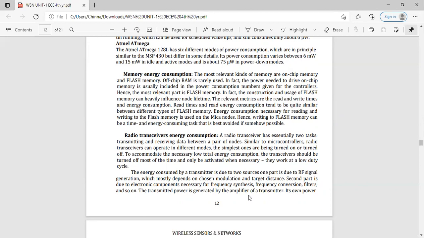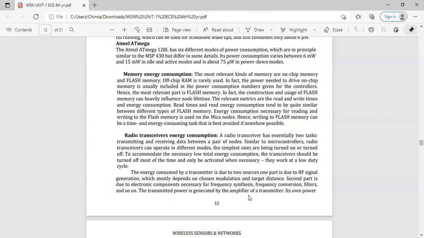The most relevant is flash memory. In this construction, the usage of flash memory heavily influences node lifetime. So flash memory also influences the lifetime of that particular sensor node. Read and write energy consumption also takes place.